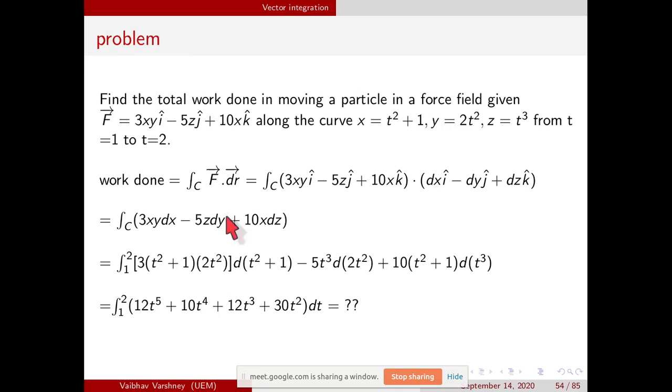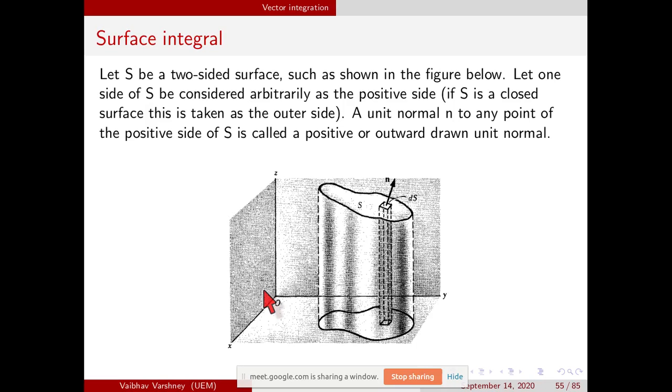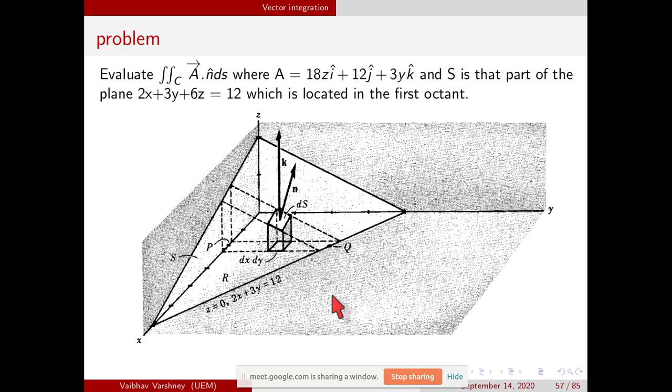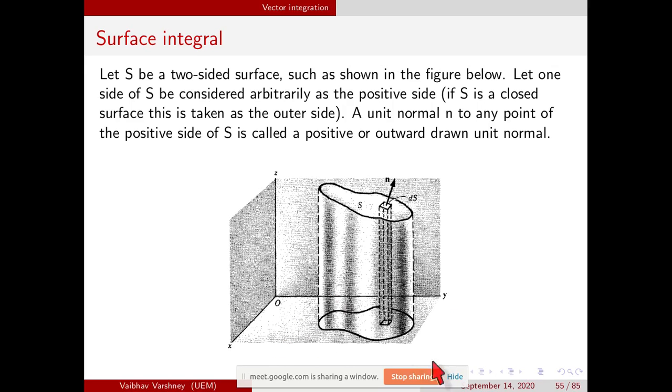Whatever curve we are taking, at the end there is only one limit. If we are moving through a curve t, then this is 1 to 2. But in a surface you can move throughout the area. See, this area, this surface, you can move either in the x direction or in the y direction. So if you are moving in this way, then you need the x limit and the y limit both.